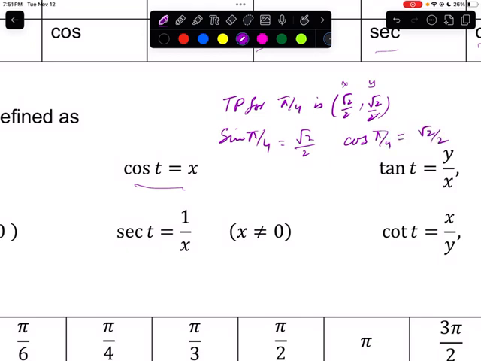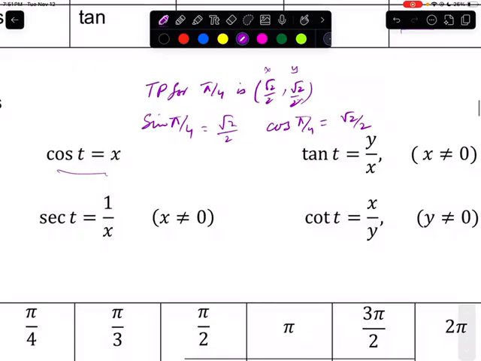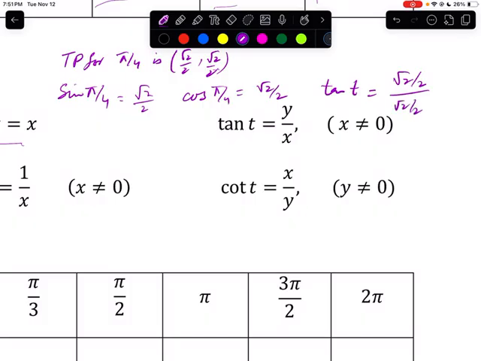Now tangent of t is equal to y over x, if x is not equal to 0. So tangent of pi over 4 is square root of 2 over 2 divided by square root of 2 over 2, which gives us 1.